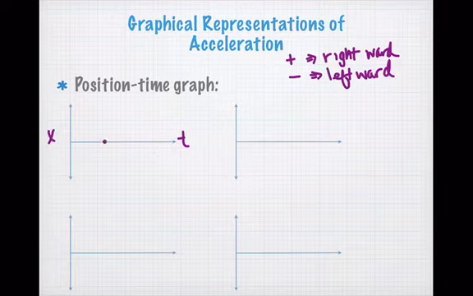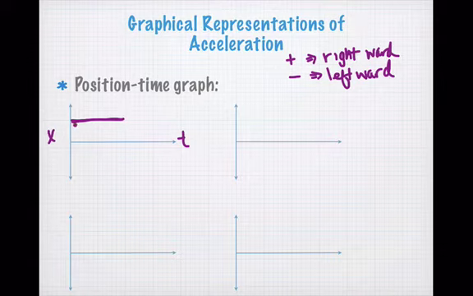If an object was sitting still, say 5 meters from our origin for a period of time, the graph would look like this, a straight line, and that's pretty simple. The object's not moving. Time goes on, its position hasn't changed.